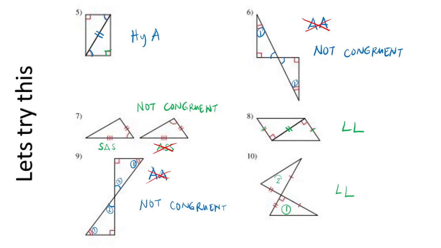Eh, paano naman itong pangalawa? Right triangle ba yan? Yes, that is also right triangle because of the vertical angles. Itong isang angle is 90 degree, therefore, itong pangalawa, 90 degree din dahil sa vertical angles. So, yung parts nito, this is leg, this is also a leg. So, leg, leg congruence theorem.